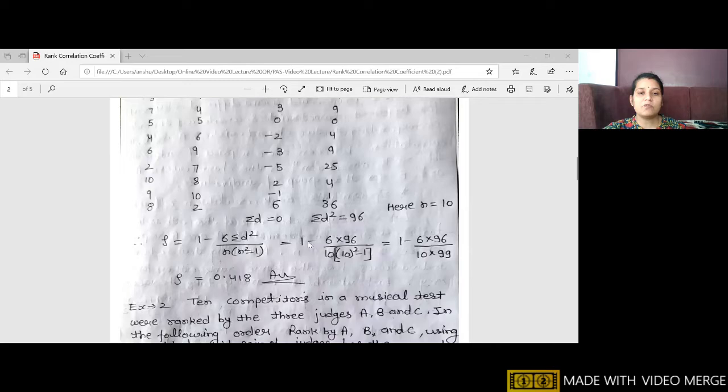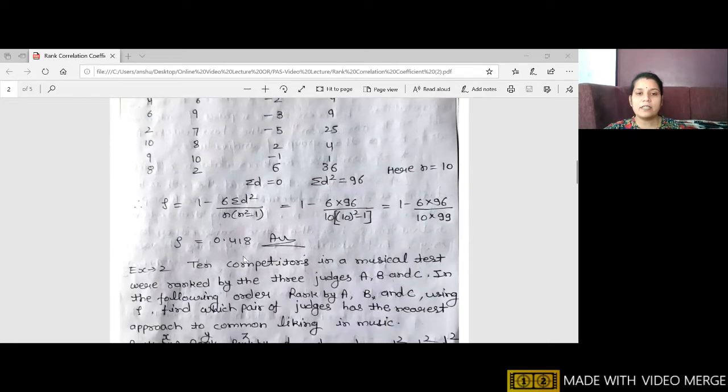So rho is equal to 1 minus, put summation d square: 6 into 96 divided by, put the value of n, which is 10, so 10 square minus 1. That means 1 minus 6 into 96 divided by 10 into 99. Here 1 is a separate value. So solve this step and we get rho is equal to 0.418. So this is the rank correlation coefficient.